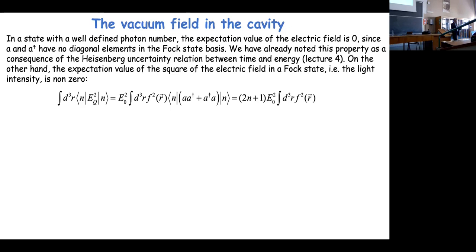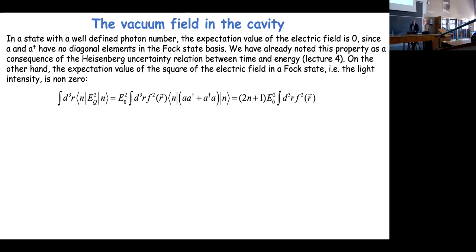If you compute the expectation value of the electric field in an n state, you find 0, because the A and A dagger operators are off diagonal. The expectation value of A in an n state is 0, and the expectation value of A dagger in an n state is 0. So we retrieve here the fact that the expectation value of the electric field is 0 in a state which has a well-defined photon number.